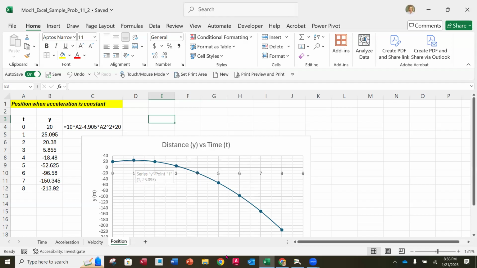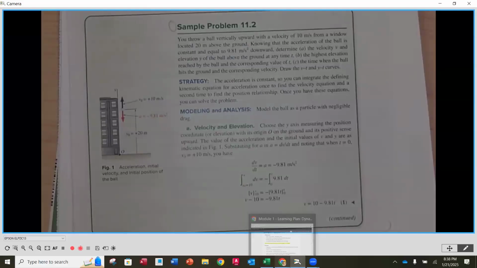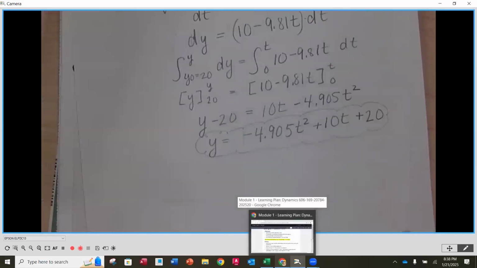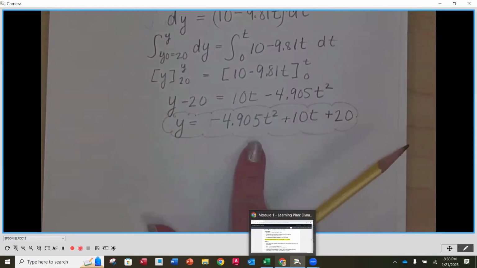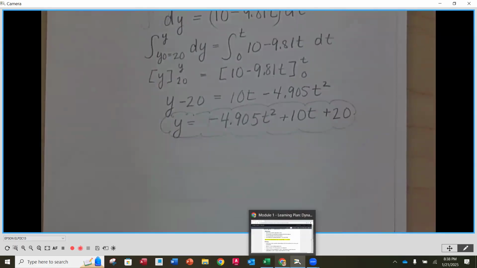The highest elevation is going to be the equation that we see, but we need to find what the time is. So how do we find when it would have the highest elevation?